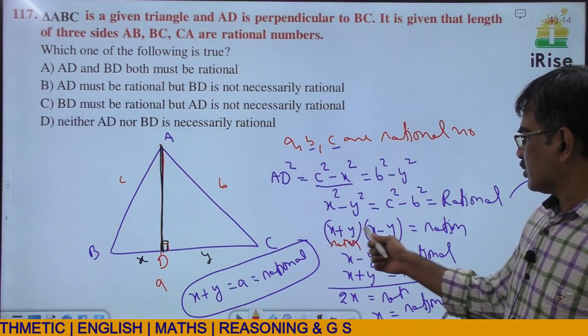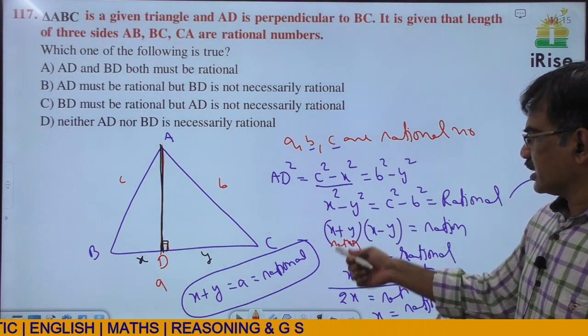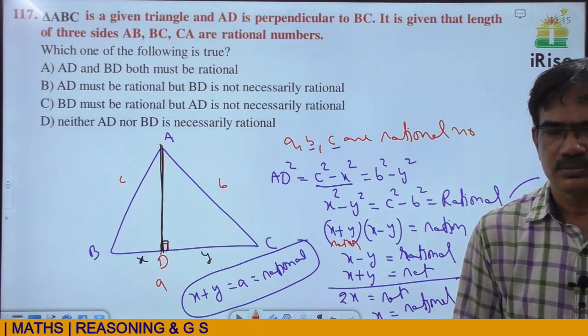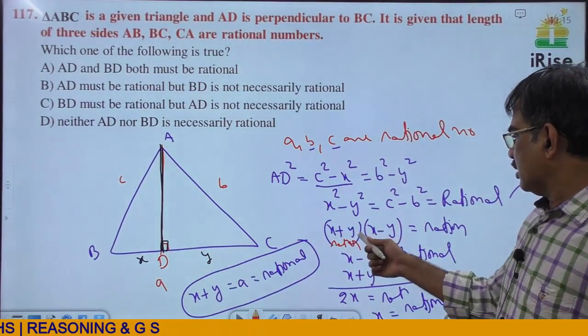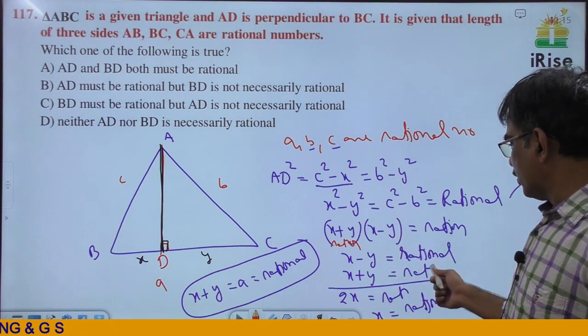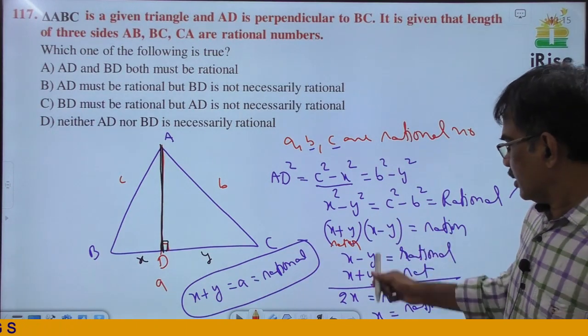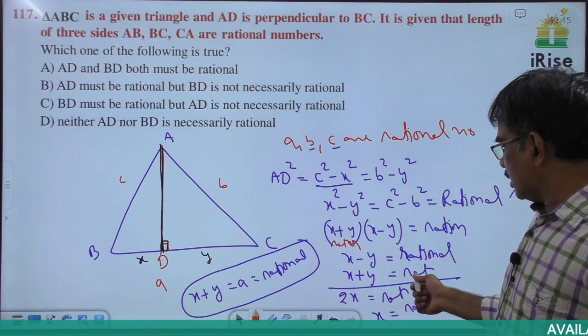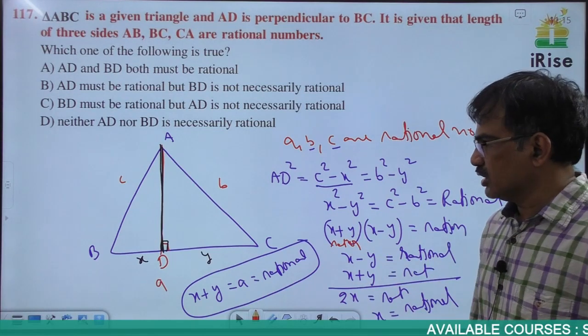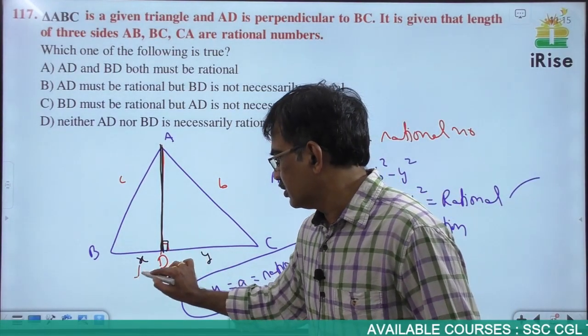Product of these two, X plus Y into X minus Y, is rational. Already X plus Y is nothing but A. A is a rational number given. So if this is rational, rational into rational only we get a rational number, so X minus Y must be rational. If these two are added, rational plus rational, 2X is rational, so X must be rational. So this part is a rational number.